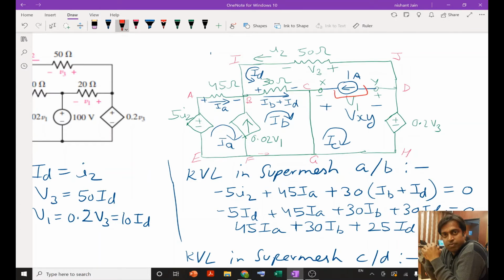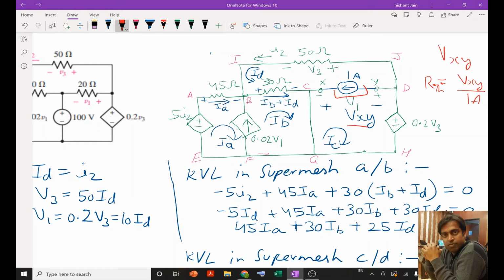If we apply a source of 1 ampere, then we need to calculate Vxy, and Vxy will be the potential drop across this 1 ampere, and then using Ohm's law I can calculate RTH equals to Vxy upon 1. 1 is the current source, so V upon I. So whatever will be the value of Vxy, that will be the value of RTH.